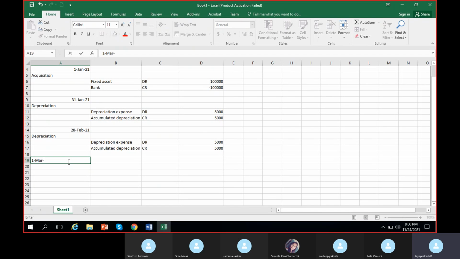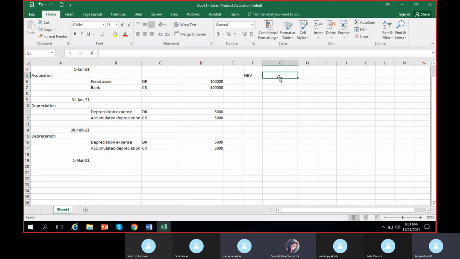So on 1st March 2021, I'm going to sell the fixed asset. Before I sell it, what is my net book value of the asset? 90,000. Accumulated depreciation should be shown as negative alongside the fixed asset.